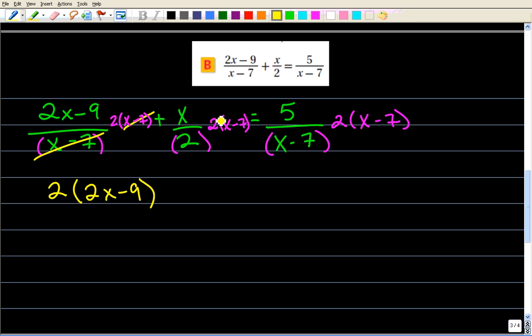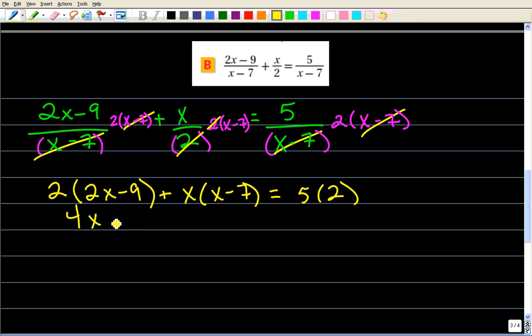On the next part, the 2's would cancel, so I'd be left with x times x minus 7 equals, here the x minus 7's would cancel, so I'd be left with 5 times 2. So at this point, if I distribute out, I'd have 4x minus 18 plus x squared minus 7x equals 10.